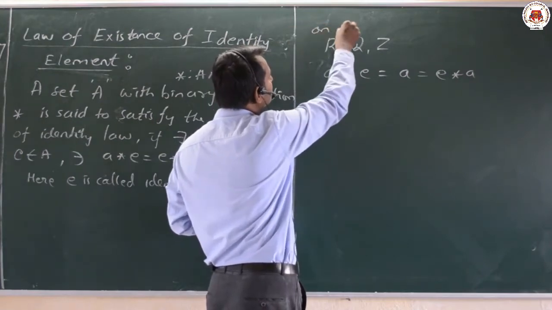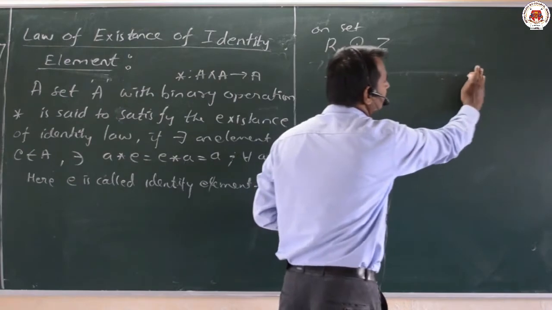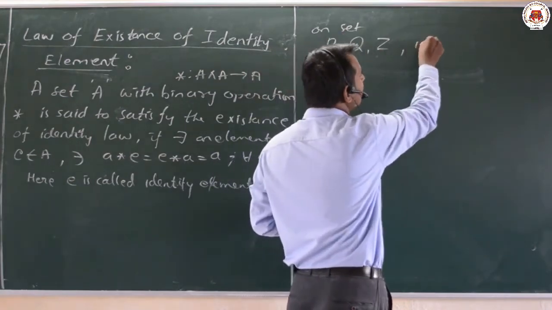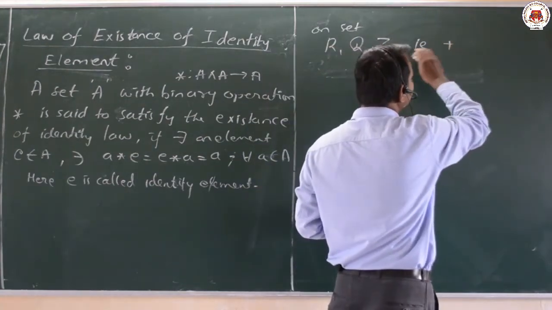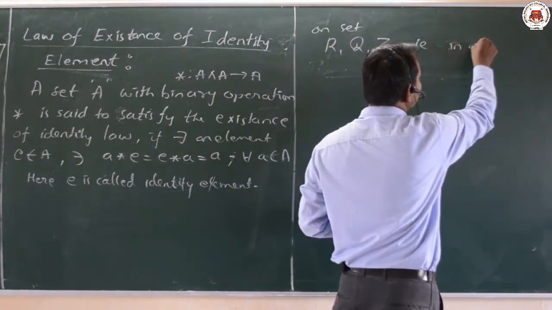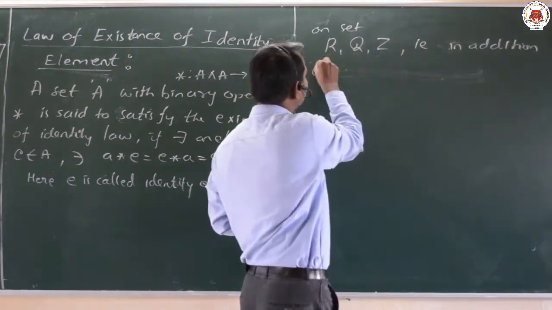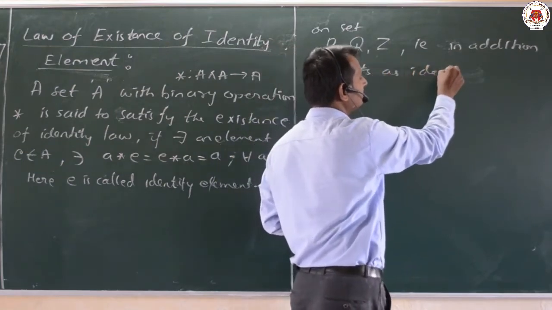Now one more example I want to tell is addition on sets R, Q and Z. In addition, 0 acts as identity element.